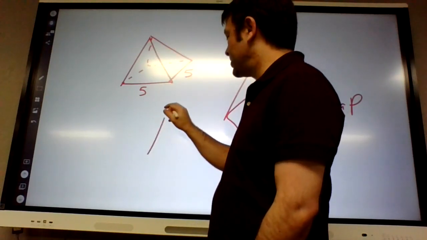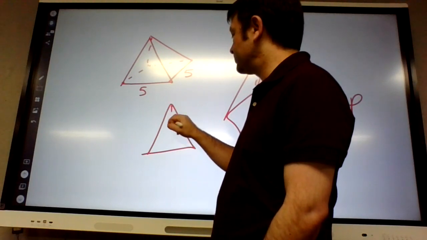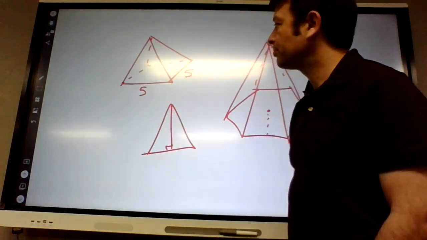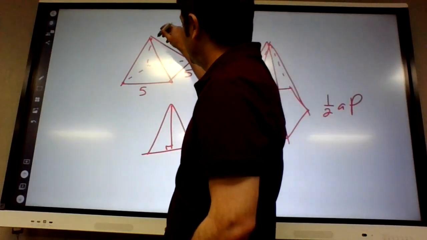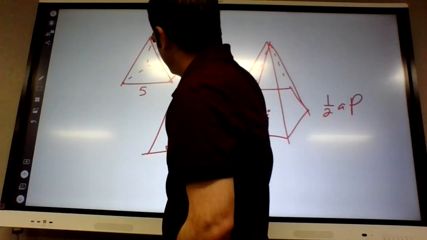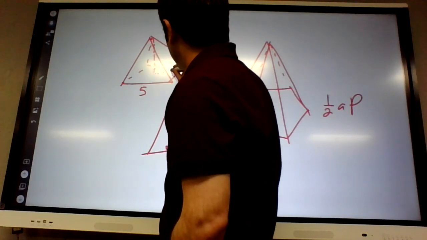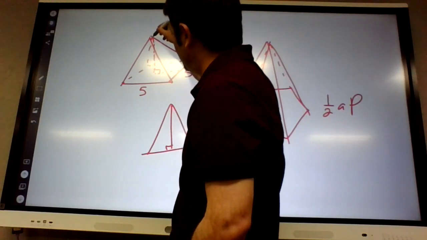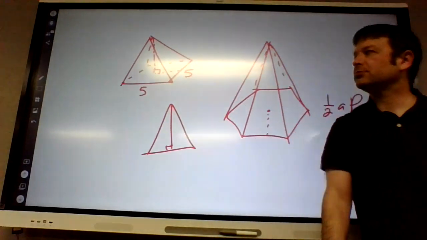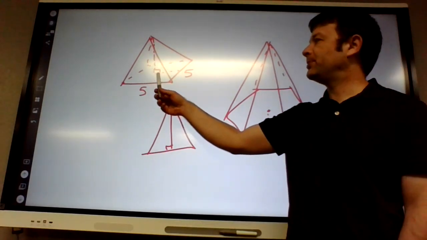Now the height of this triangle, is that the same thing as the height of the pyramid? The answer is no. The height of the pyramid would be this line that goes from the vertex point straight down to the middle of the pyramid. So that's the height of the pyramid.